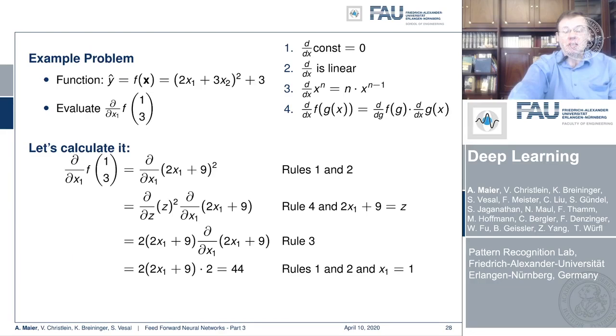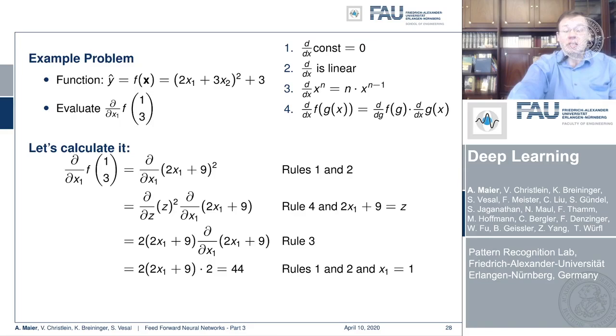You can see that if we apply the partial derivative on the 2x1 plus 9, the x1 cancels away, so only 2 remains. 9 is a constant, also vanishes. So in the end, we end up with 2 times (2x1 plus 9) times 2. And now if we plug in 1, you will see that our derivative equals 44.